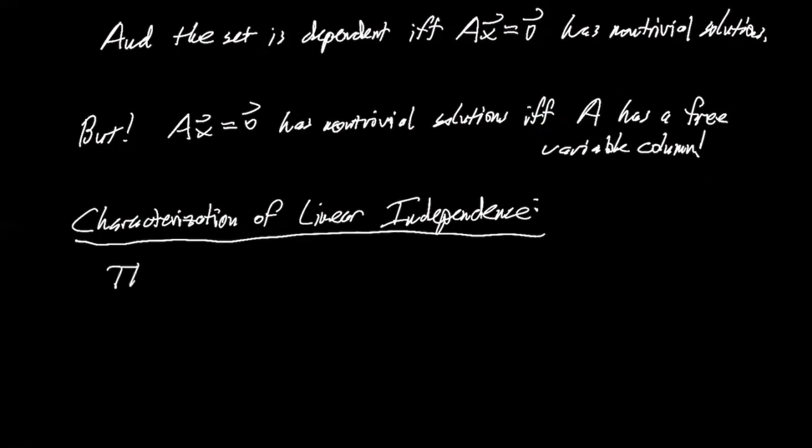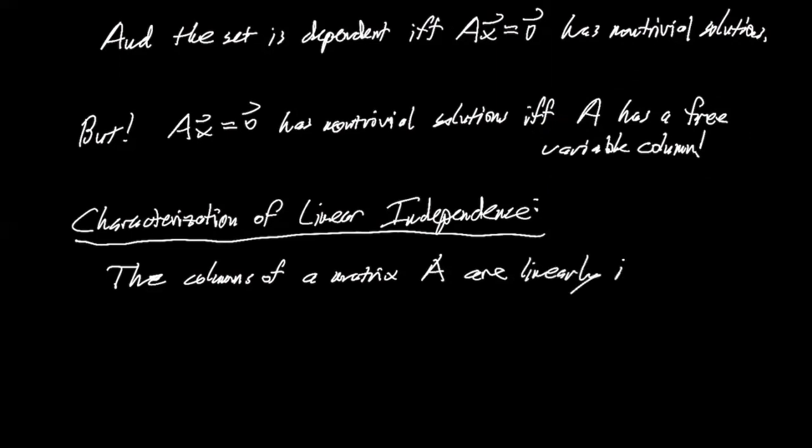The columns of a matrix A are linearly independent if and only if, when you row reduce, every column is a pivot column.